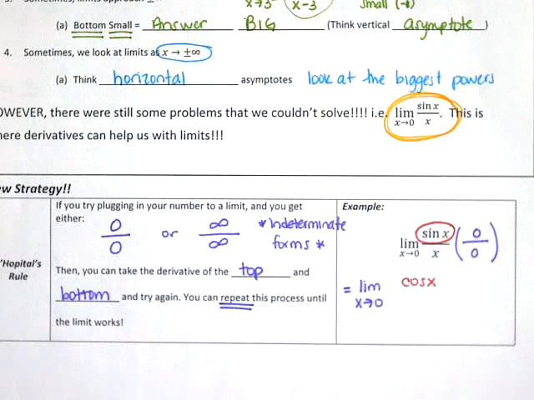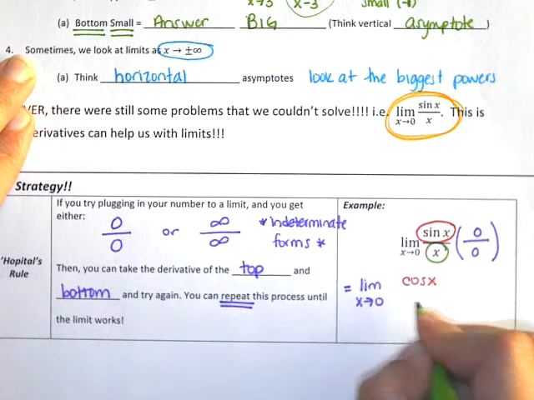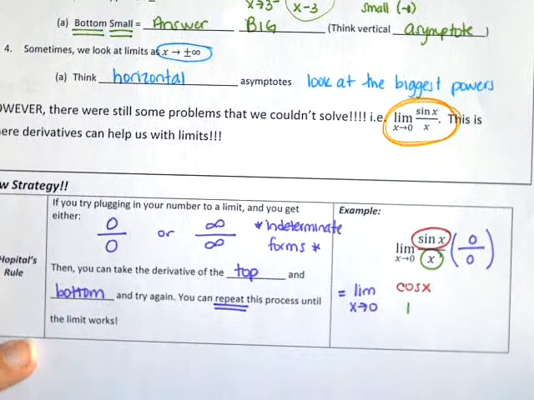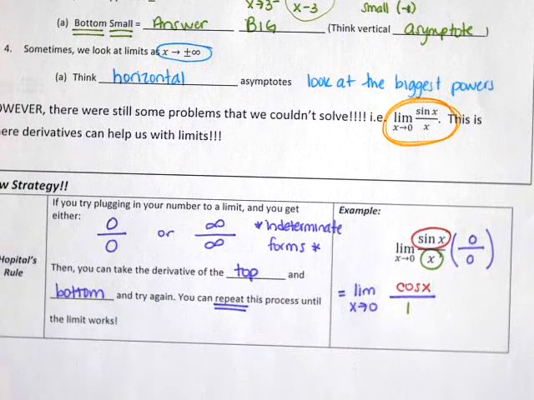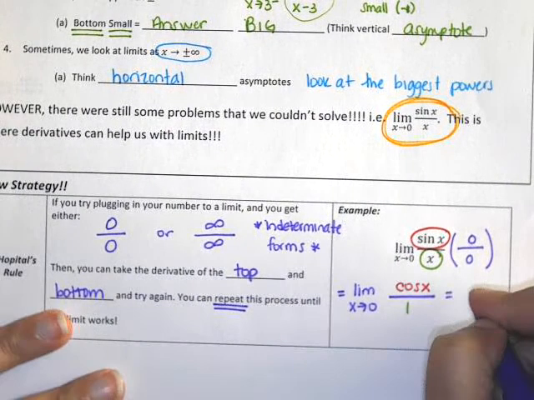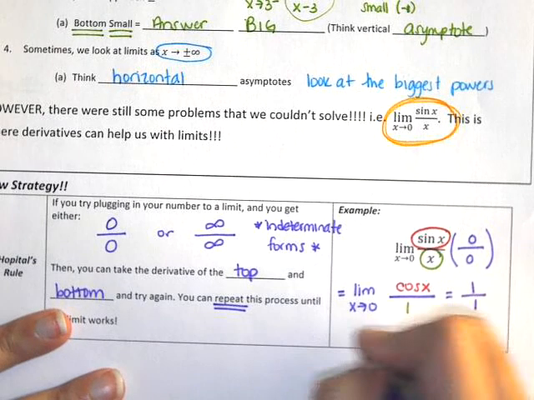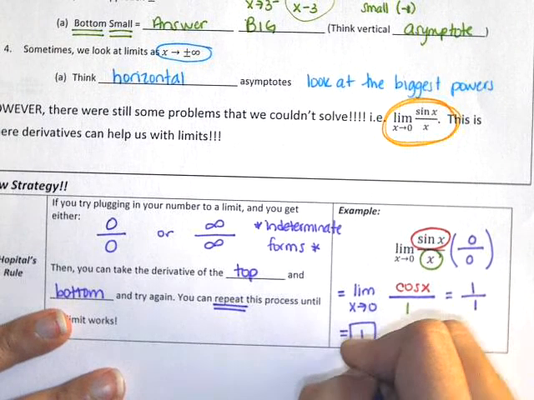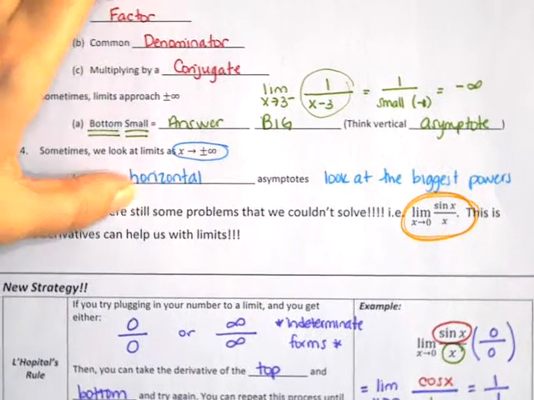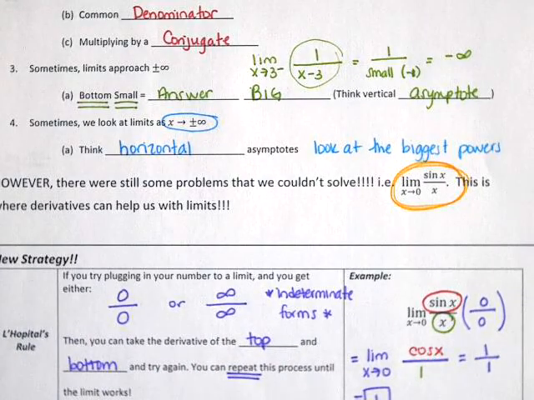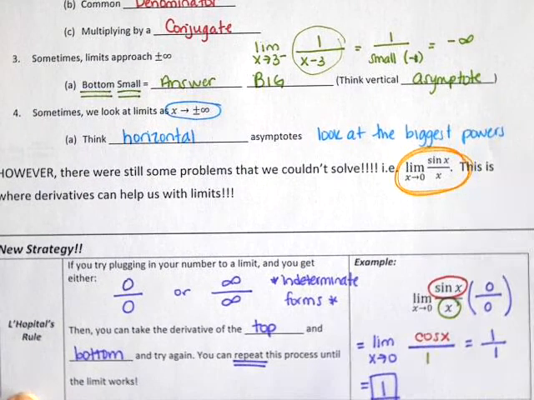Take the derivative of the bottom, the derivative of x would be 1, and try taking the limit again. This time when we plug in 0, cosine of 0 would be 1 over 1, which is 1, and that's your answer. In other words, all of this stuff that we learned before, a lot of times this will fix those problems without really needing to do the other process.